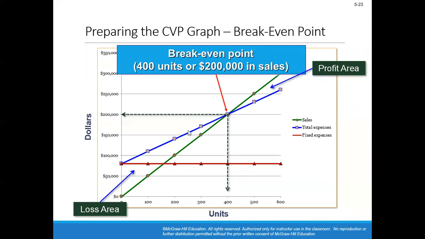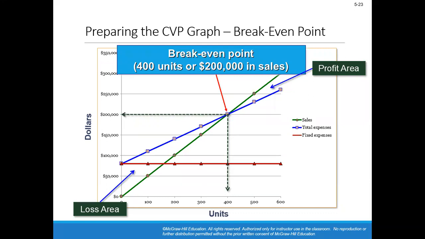Before reaching the 400 units of break-even, we are incurring loss, and if we exceed the 400 units of break-even sales, we see a profit.